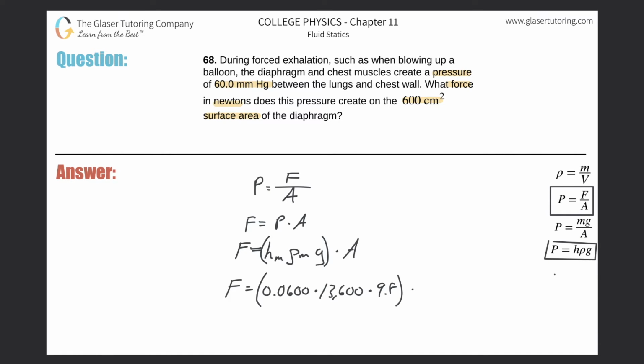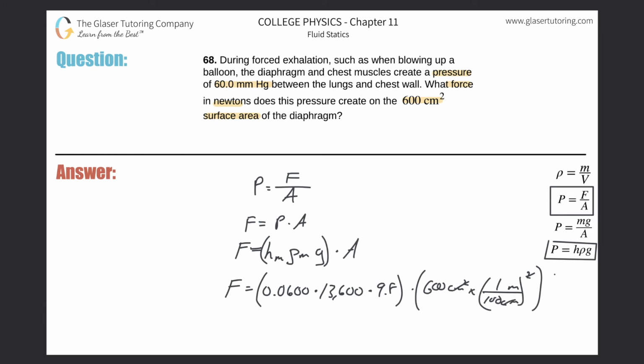And then multiplied by the area, but we need to convert that into square meters. So I'm actually going to do the conversion in the problem. We're going to have 600 centimeters squared. All I now need to do is put centimeters on the bottom, meters on the top, 100 centimeters for every meter, but then you have to square this result so the centimeters will cancel fully.